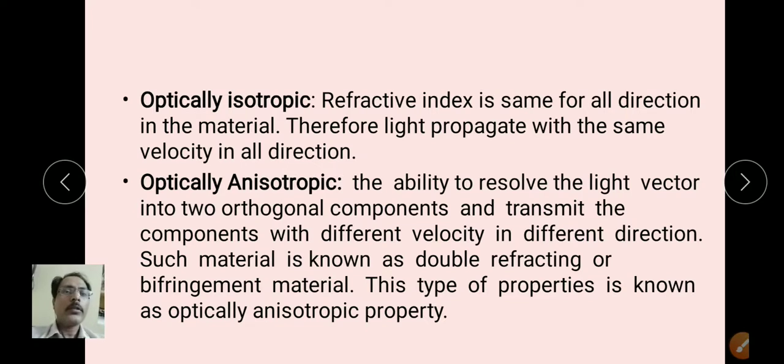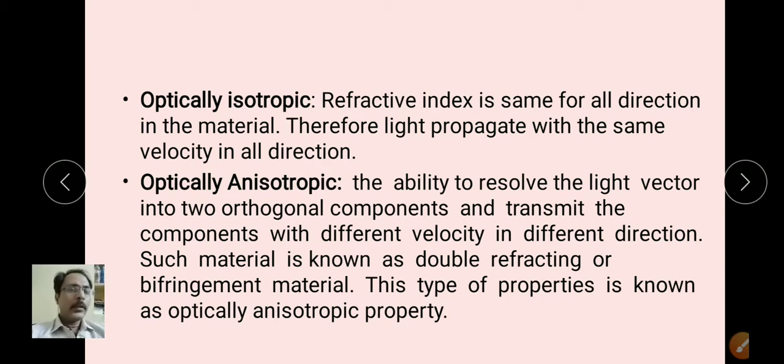So next we move on to optically isotropic materials. Optically isotropic materials are, for example, plain glass. When you see through the glass, whatever the appearance, if you see through plain glass you won't find any difference.